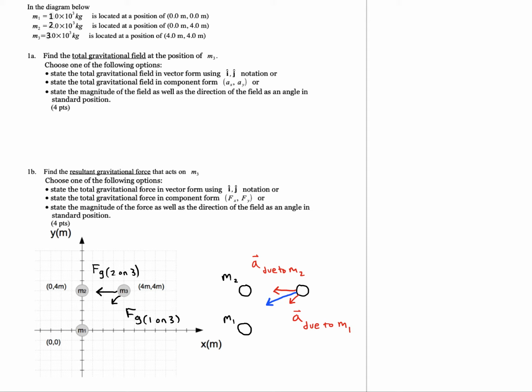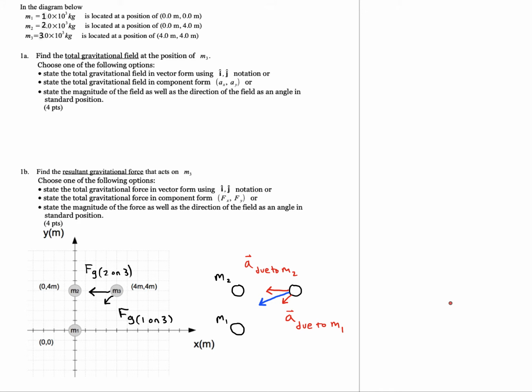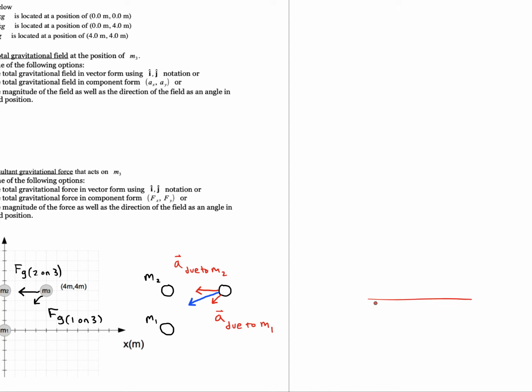And the way you sum them is through the head to tail method, or like a parallelogram method it's called. That's where you got one vector pointing one way, another vector pointing another way, and you take one vector and put its tail on the head of the other, or you could take the other vector and put its tail on the head of the first vector.